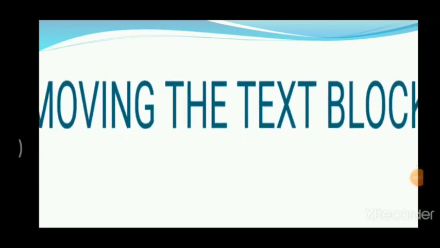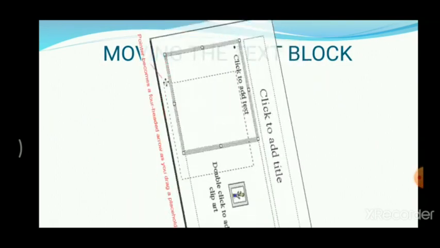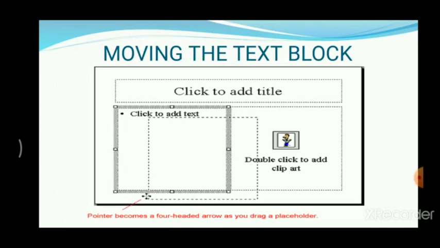Now we will discuss moving the text block. Student, many times you will move the placeholder containing the text to adjust it to a different position on the slide. So let us see how to do it. Student, to move the text block, firstly you will click on the text in the placeholder.